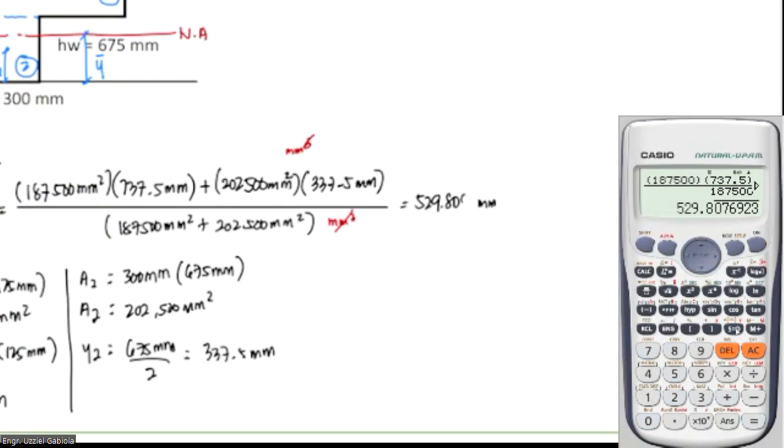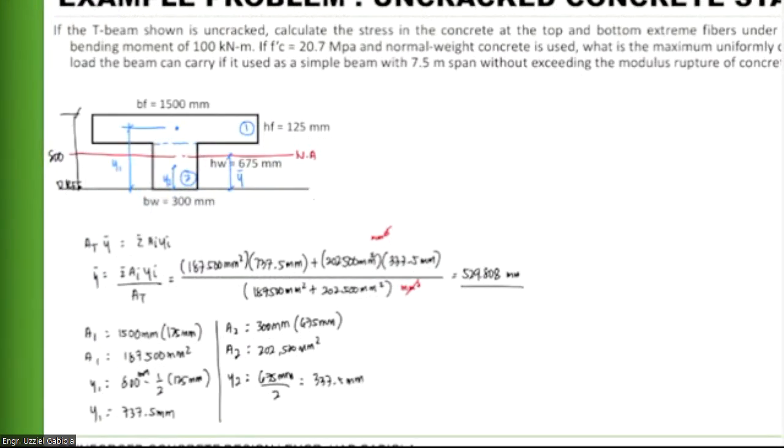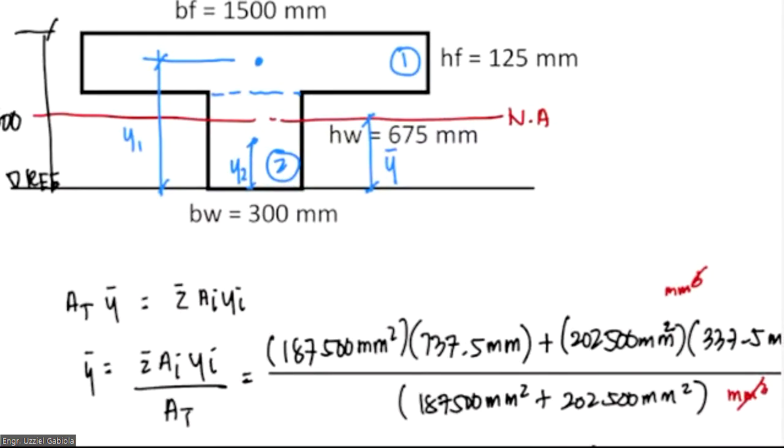Okay, so that is this distance. And when we have that, that is our distance from the neutral axis going to the extreme tension fiber.